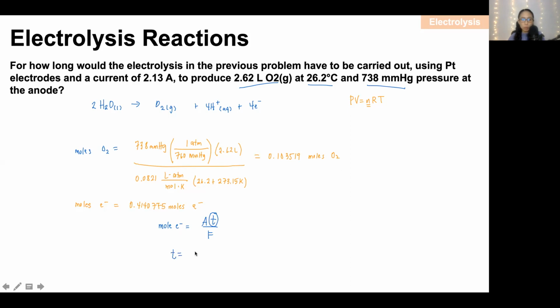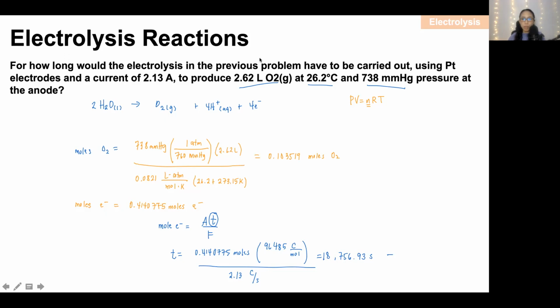So time is equal to moles of electrons, 0.41407775 moles, times Faraday's constant, that's 96,485 coulombs per mole, divided by amperes or 2.13 coulombs per second. So we get 18,756.93 seconds, or let's convert this to hours.